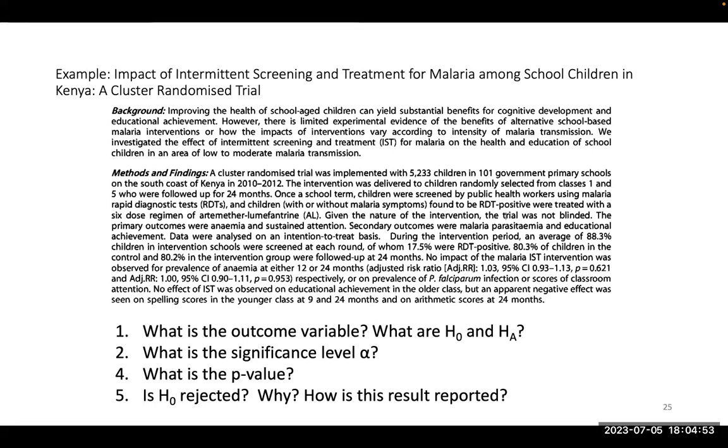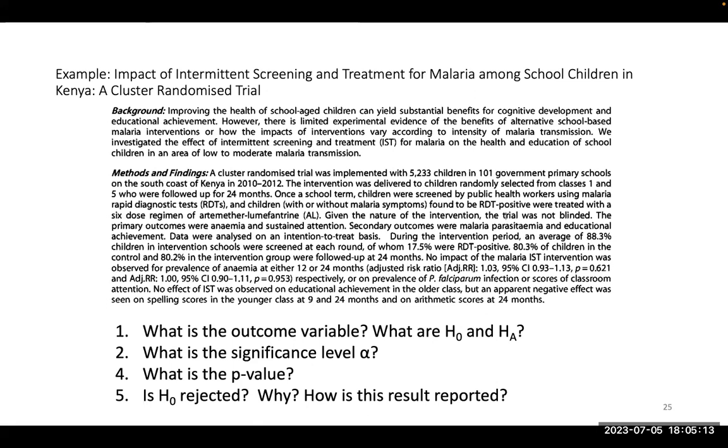Now let's say the risk ratio is greater. That depends on what you put in the numerator. Usually you would always put the intervention group in the numerator and the control group in the denominator, because this is your referent. Your reference group always goes in the denominator.